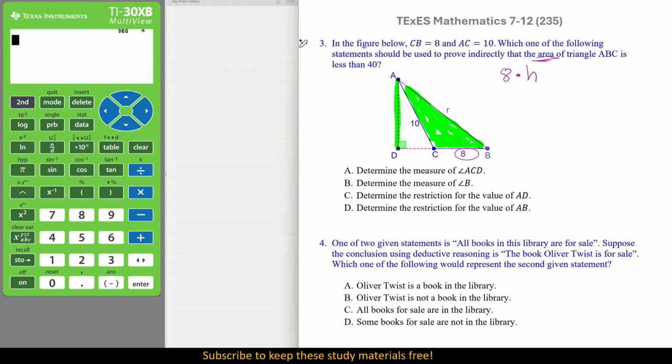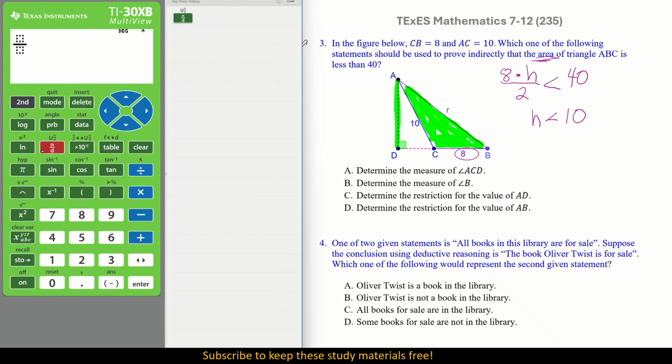Base times height divided by 2, all of that needs to be less than 40. Now go through the algebraic process, and that will get me h is less than 10.